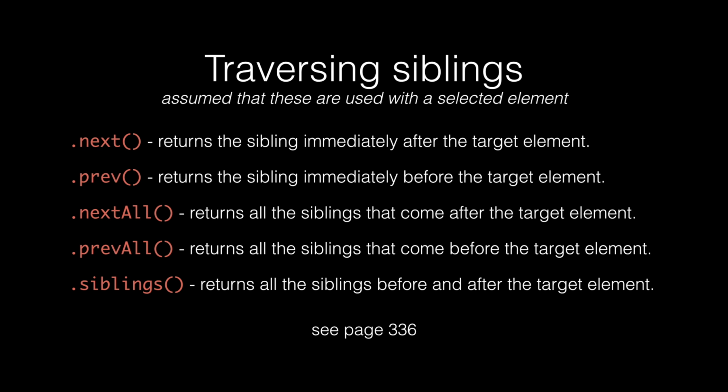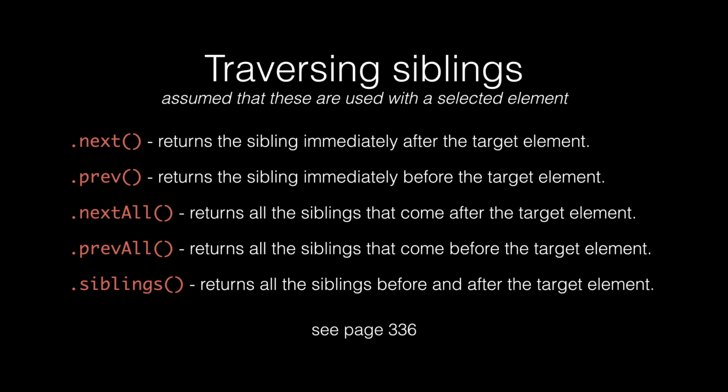So next and prev are going to return only one element that is the direct sibling, either before or after the element. nextAll and prevAll do similar ideas, but they're going to get every sibling, in the nextAll case, every sibling that comes after the target element, so all of the siblings to the end of that sibling chain, or prevAll, all the siblings that came before the target element. So in either case, if there's only one, you'll only get one.